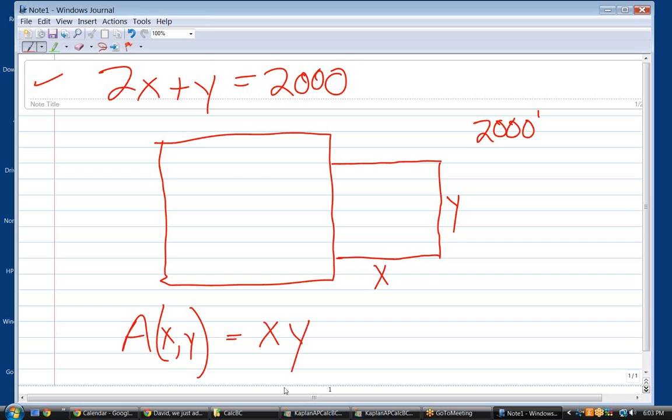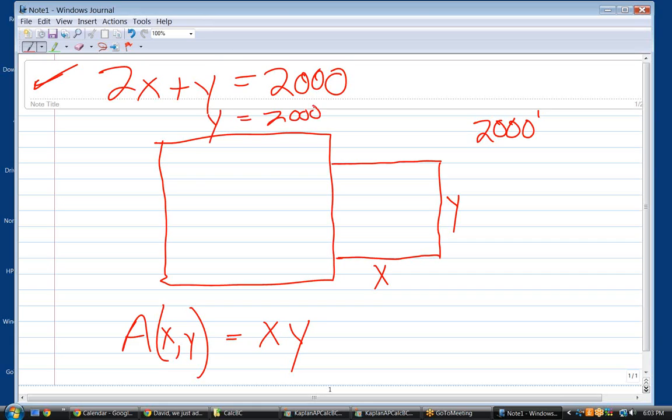Right. Well, the problem here is that we have an area function that is a function of two variables, x and y. So if we can turn it into a function of one variable only, then we'll be well on our way to being able to optimize it. Using this fencing criterion, we can solve for either x or y. Let's start out with y equals 2,000 minus 2x.